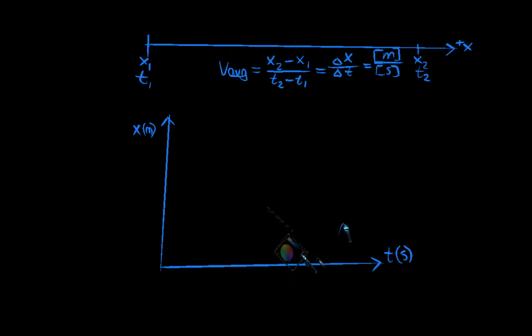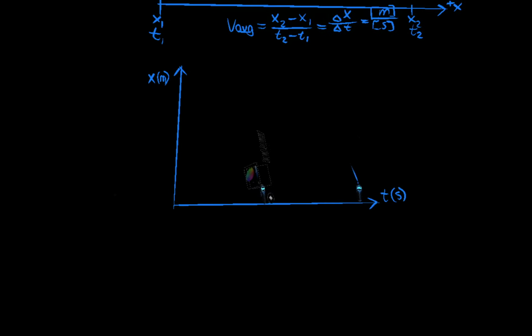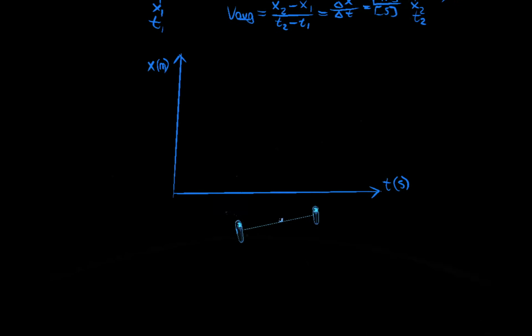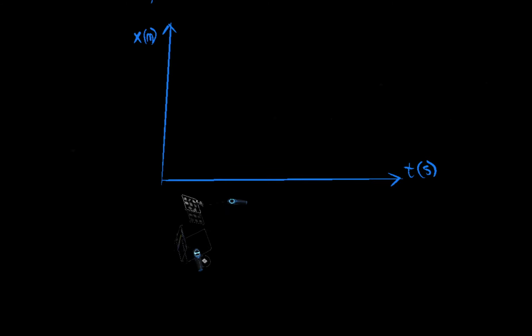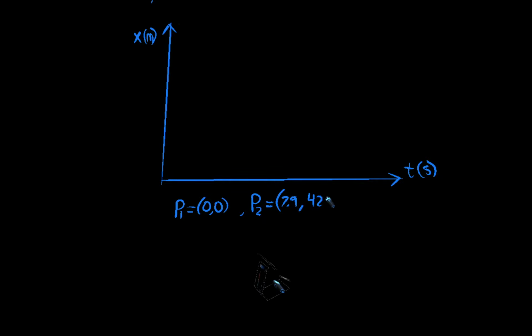We can plot 2 points that correspond to x1, t1, and x2, t2. So let's say our 2 points are, P1 is going to be 0, 0, and P2 is going to be 7.9 seconds and 402 meters.